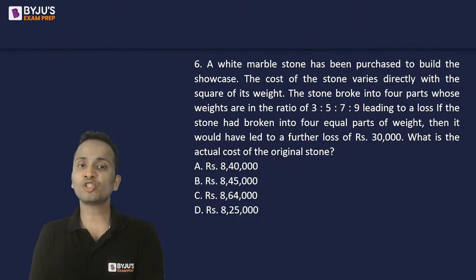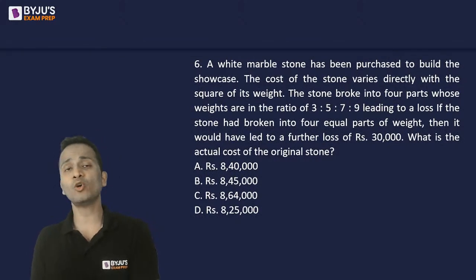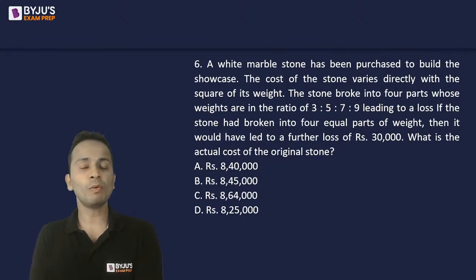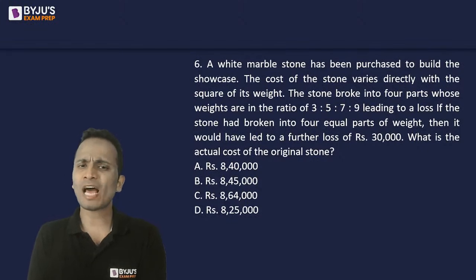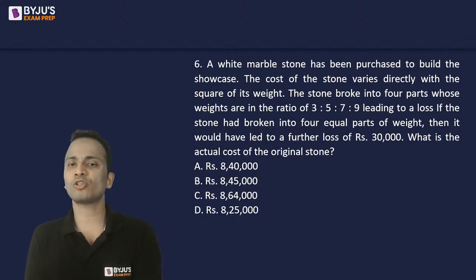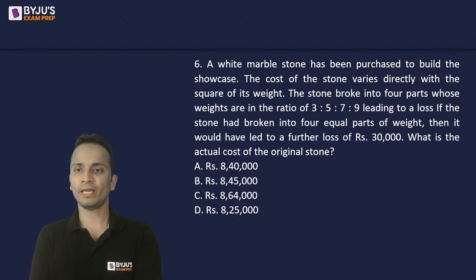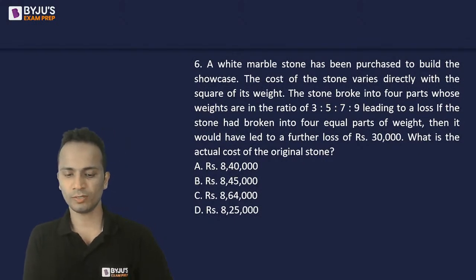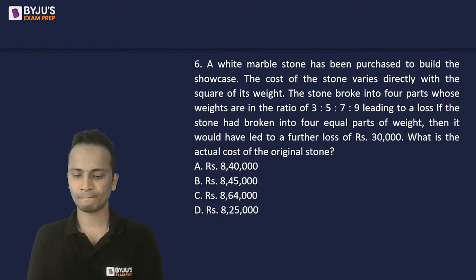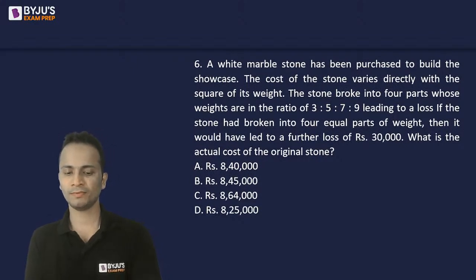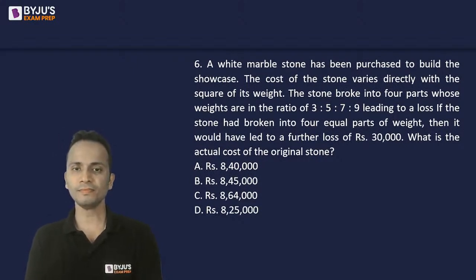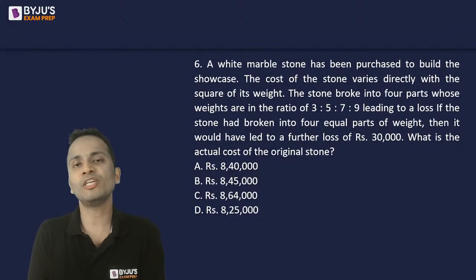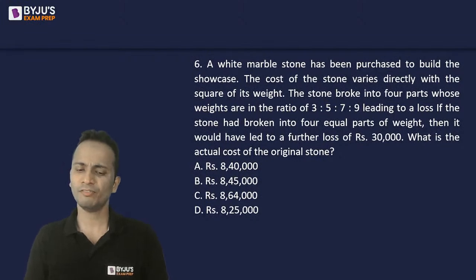Okay. Now, if the stone had broken into four equal parts of weight, then it would have led to a further loss of 30,000. Okay. Now, what is the actual cost of the original stone? Very simple question. It's just that you need to know the process of finding the answer.